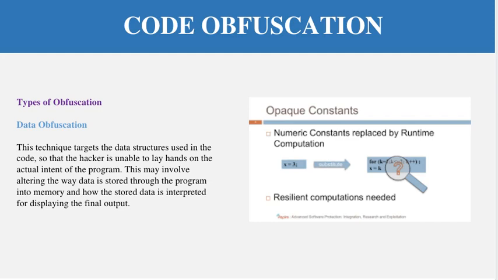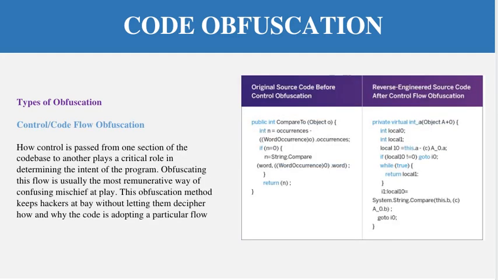Then another is control flow obfuscation. Every application has a flow, for example from one screen to another: screen 2 to screen 3, screen 3 to screen 4.